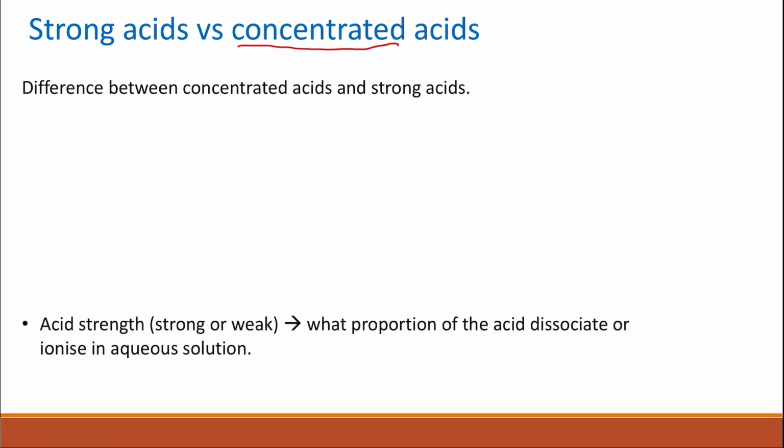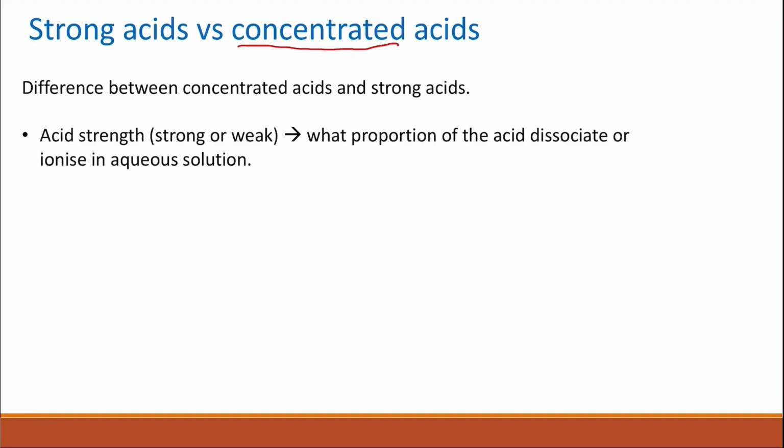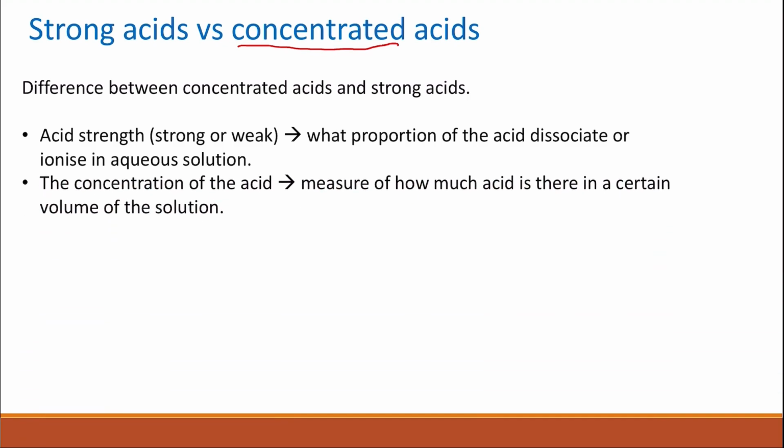So there is something called acid strength, which refers to whether the acid is strong or weak, which means the proportion of the acid that dissociates or ionizes in water. That will give us either a strong acid or a weak acid, while we also have what is called the concentration of the acid.